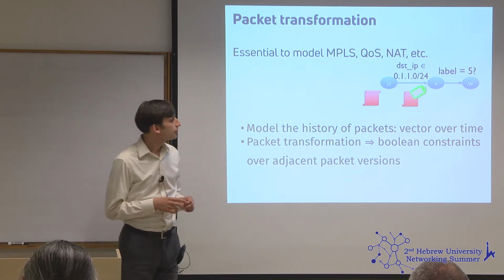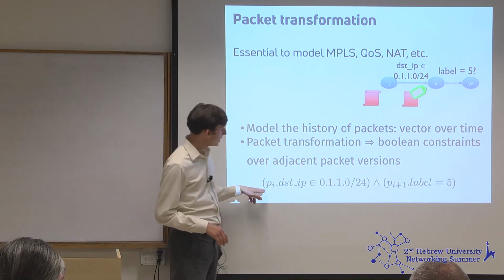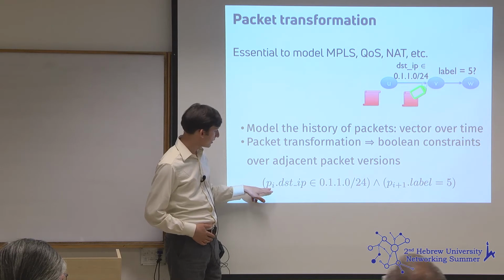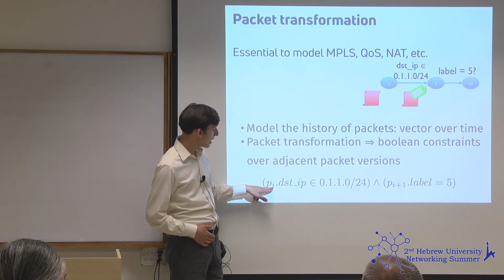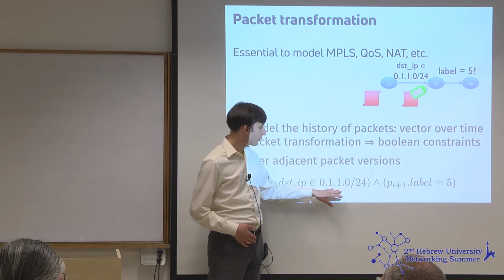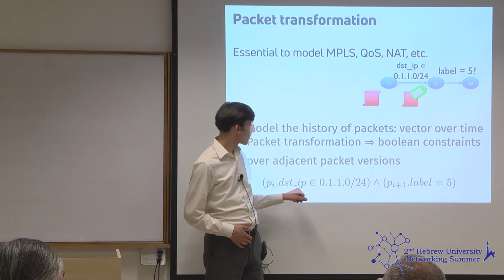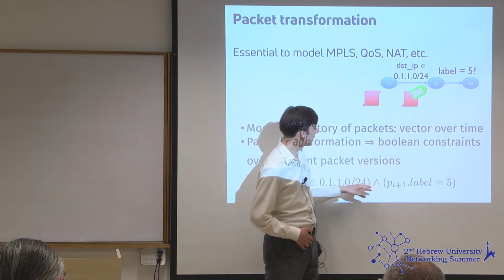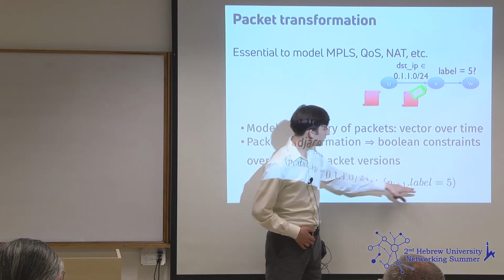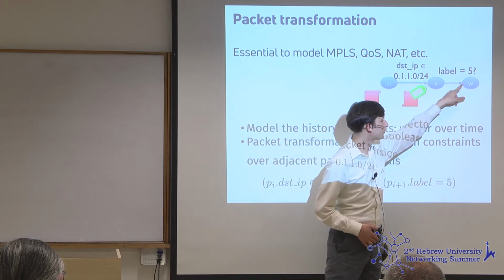So in this case, the constraint is going to be that the IP destination of version i, what we want to say is if it's in here, then it also has to satisfy the next hop constraint if it's going to pass through there.